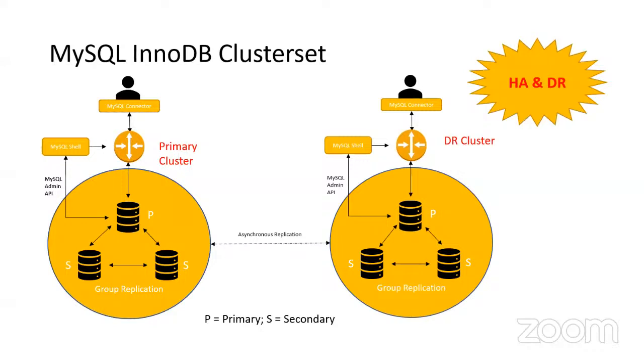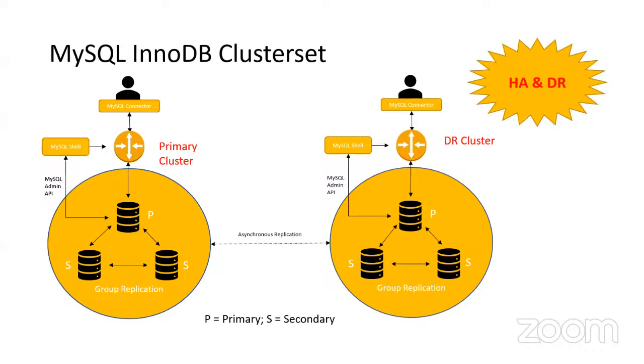Here, the left-hand side source cluster is completely defined and implemented on group replication. And the right-hand side, the disaster recovery cluster, is also implemented on the same technology, group replication.